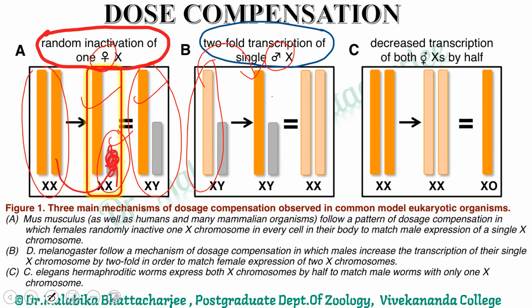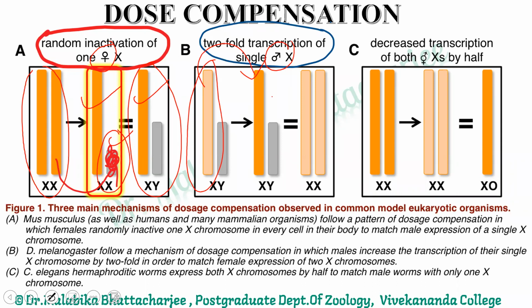Now, this is another comparative example I have brought forth. This is about C. elegans, the worm. You might have heard about this worm in semester 1 when we did apoptosis, because that phenomenon was discovered in this particular worm.